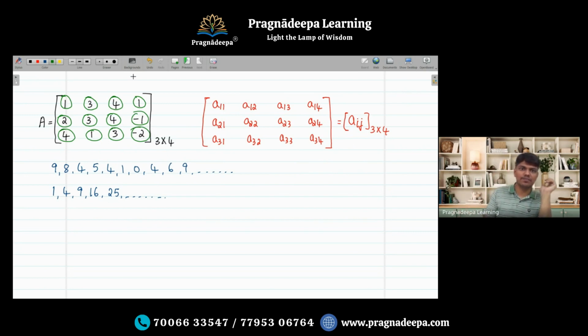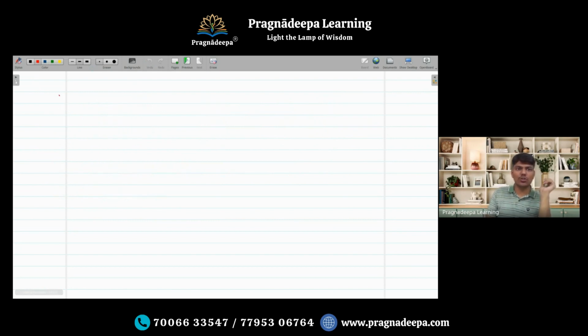Say for example, I'll tell you that the rule is you have to construct an element A_ij such that it is (i + j)/2. You understood the rule? The rule is (i + j)/2. And I'm telling you to construct a matrix A which consists of elements A_ij and of order, say, 3 cross 2.